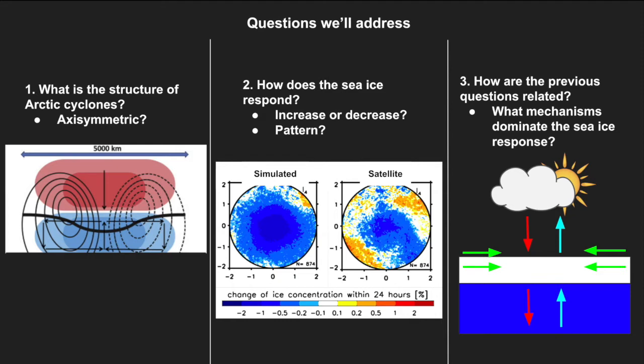So anomalies in these could cause thermodynamic changes to the sea ice, increases in growth or melt of sea ice. And likewise, you can get this thermodynamic effect underneath the sea ice at the base, caused by the ocean. So you've got dynamic advection by the surface winds, thermodynamics above and below the sea ice being 3 possible mechanisms by which the sea ice could respond to cyclones.